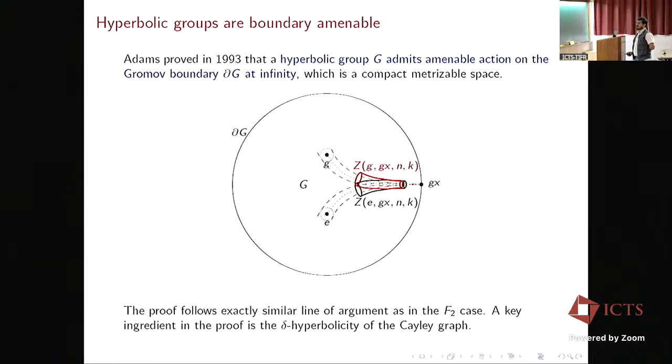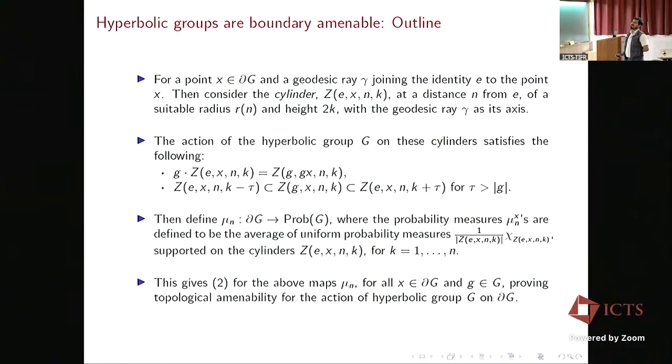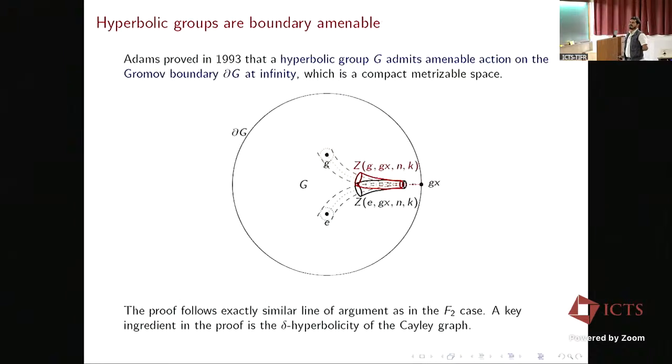The proof is quite similar. What we do is we define a cylinder-like set, which is in this picture, this one. The black one goes to Gx. This black cylinder is the set that we are going to assign a uniform probability measure to. And this red cylinder is what happens if I translate the probability measure that I had assigned to the geodesic cylinder, which goes to the point X at the boundary, with the group element small g.